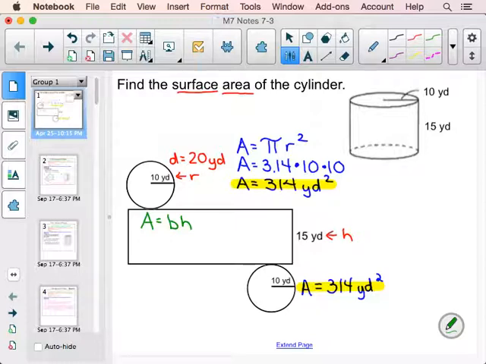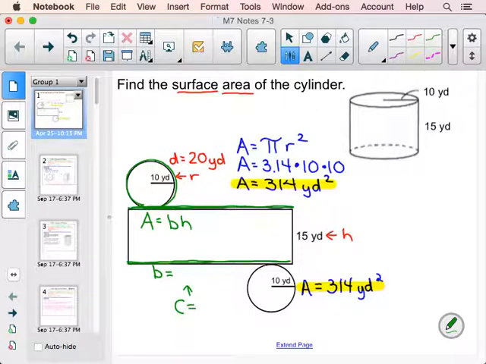So what you have to realize is that the rectangle's base, whether you think of that as being up here at the top or down here at the bottom, is going to wrap around a circle. So think of peeling the label off of a can. You would peel off that label all the way around this circle. Well, around a circle is called the circumference. So in order to get whatever this base is, we have to find the circumference of that circle.